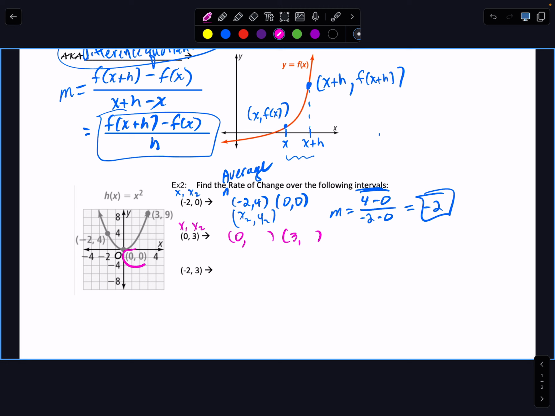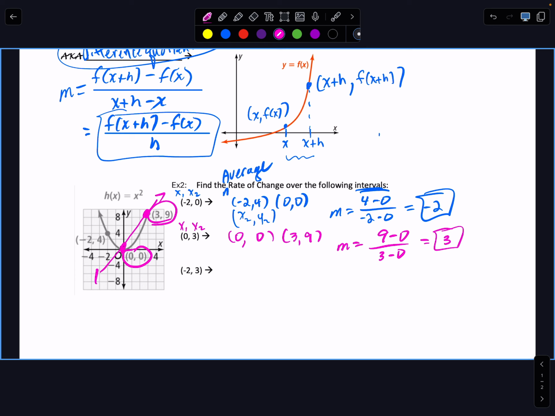So I'm looking at the point 0, 0 and the point 3, 9. I'm finding the slope of the line between those 2 points. So it's 0, 0 and 3, 9. Slope is 9 minus 0 over 3 minus 0, and that's going to simplify to 3.